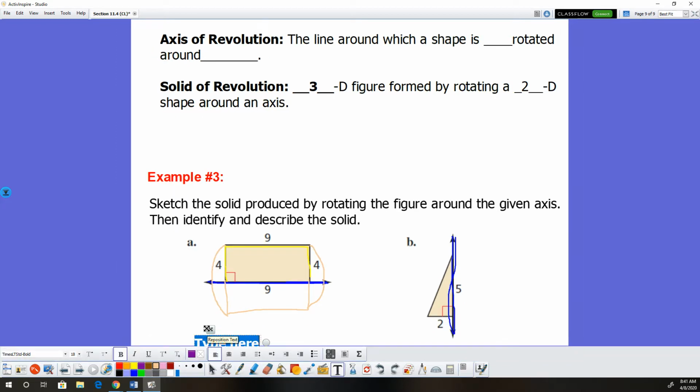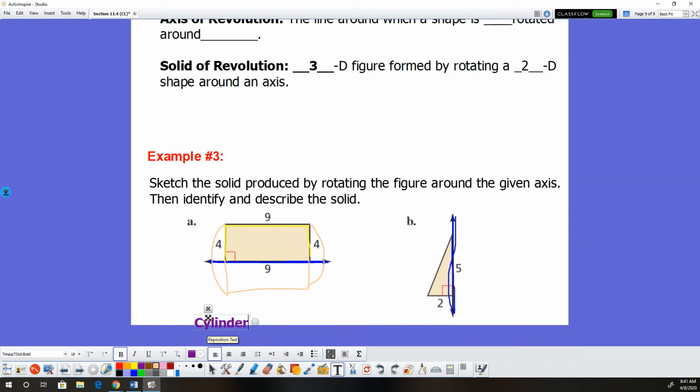It's a cylinder kind of on its side. So it's a cylinder with a radius of 4 and a height of, well, if these are your circular bases, this height is 9. Remember, the height is the distance between the two bases.